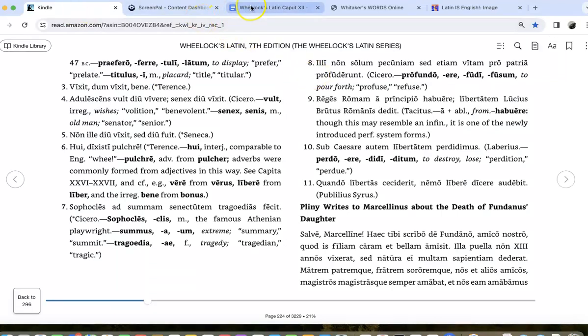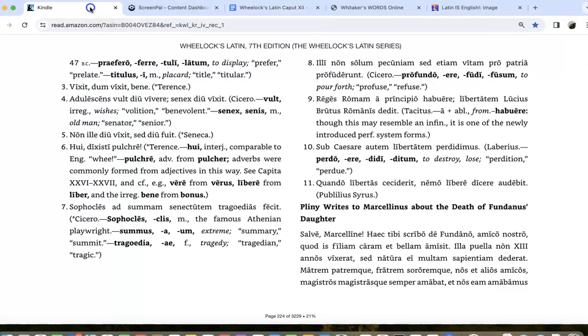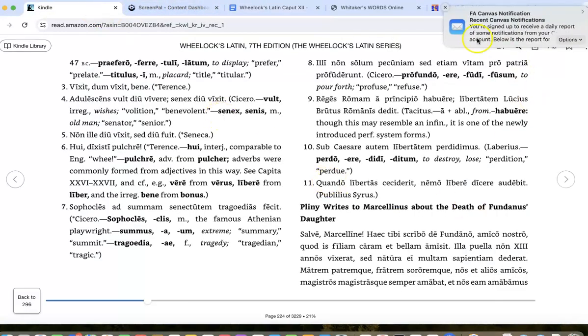Yeah, had given. So I'll explain this in a second, because nature had given to her much wisdom. Now, this is the first time we've had the so-called past perfect or the pluperfect.